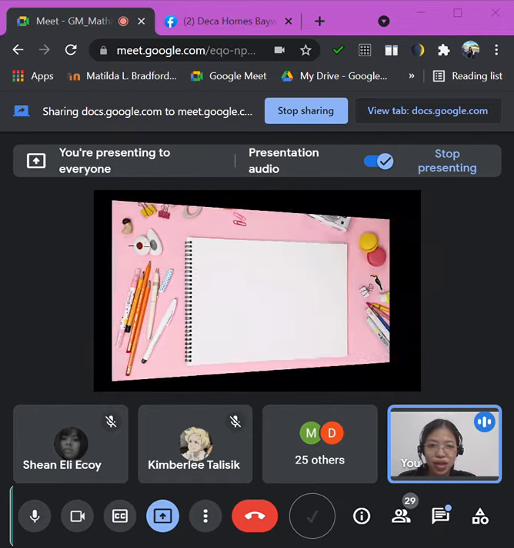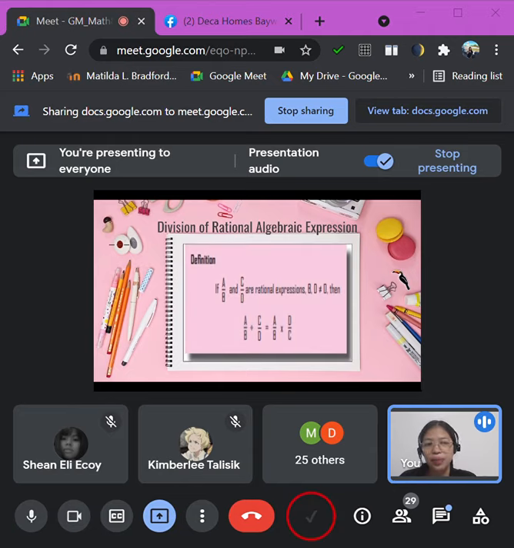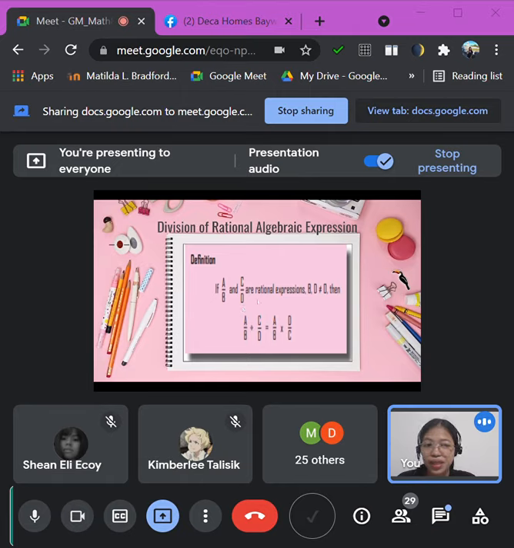So, for division, ang atong buhaton niya is if A over B and C over D are rational expressions, which is B, D is not equal to 0, then ang atong buhaton class is A over B divided by C over D is equals to A over B times reciprocal sa tuang C over D. So, same process gihapon if we are going to divide fractions.